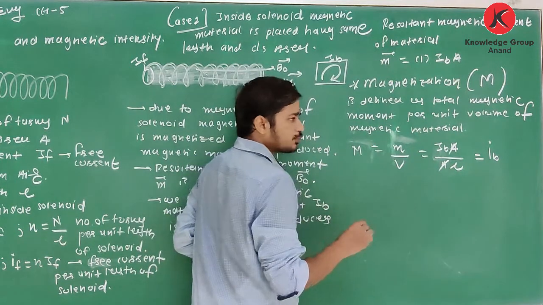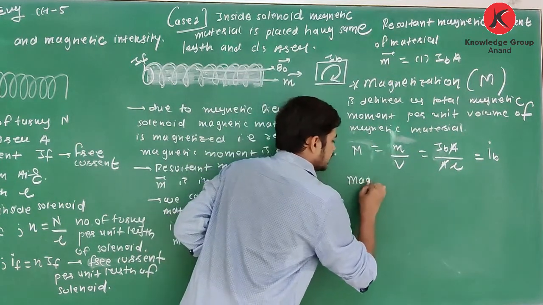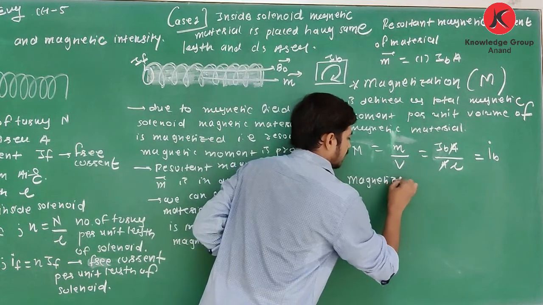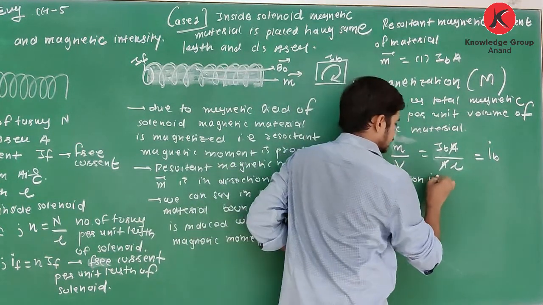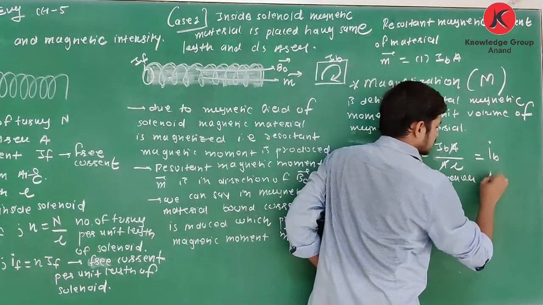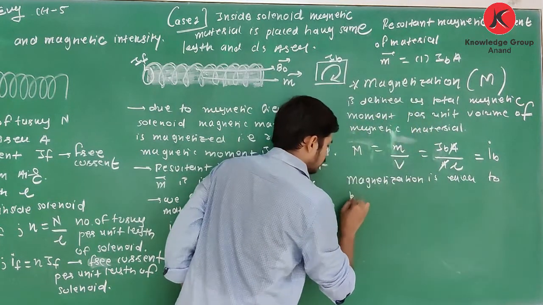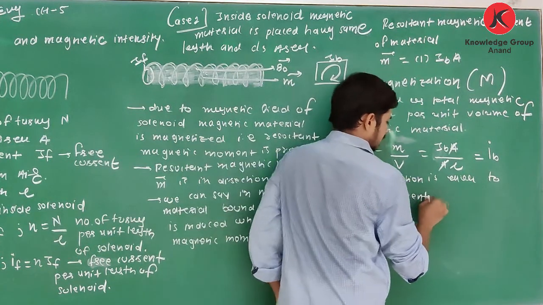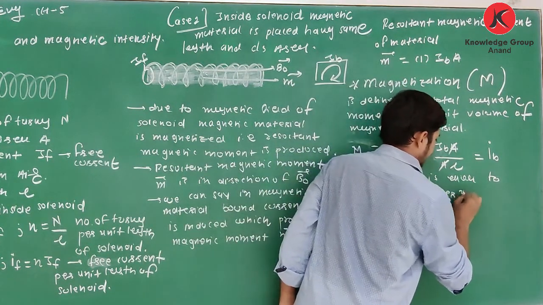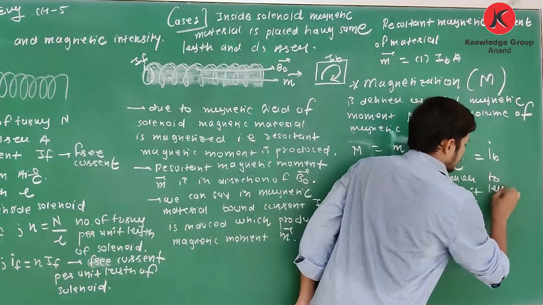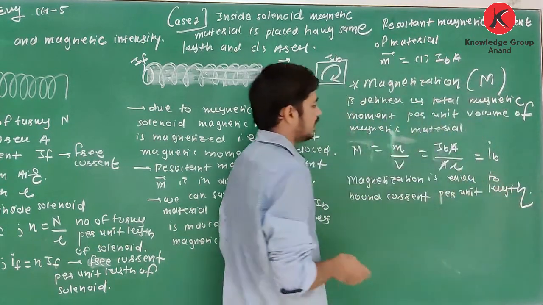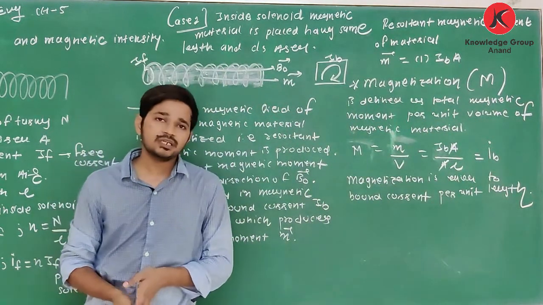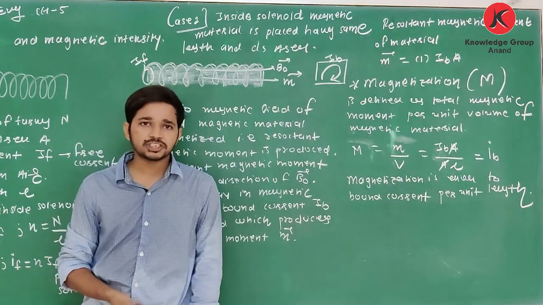So here we have one important result, that magnetization is equal to bound current per unit length. Clear about this? Remember chapter 2, polarization.